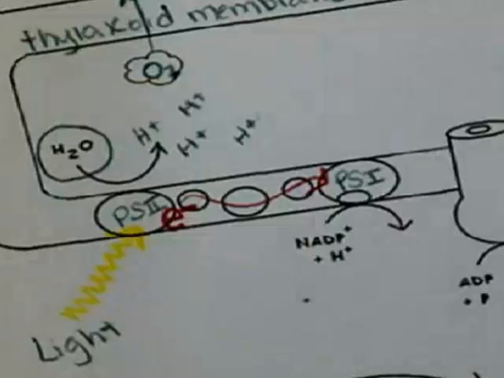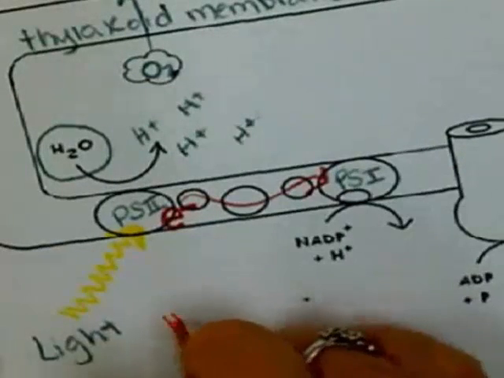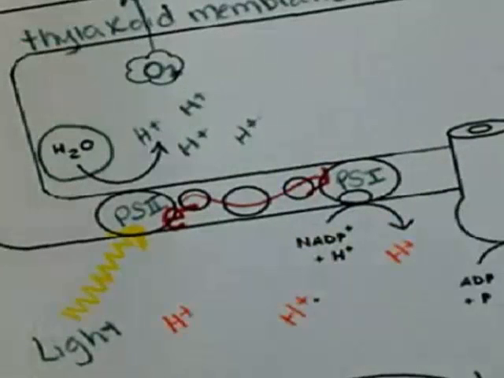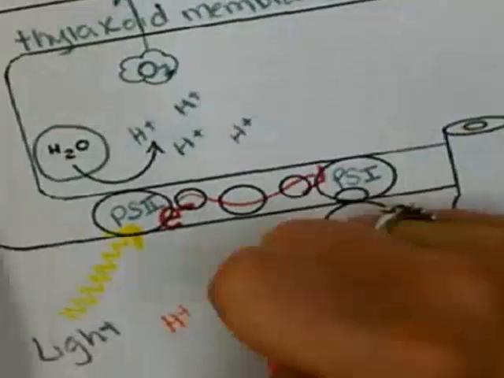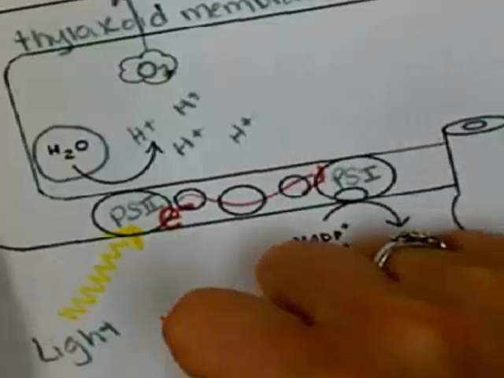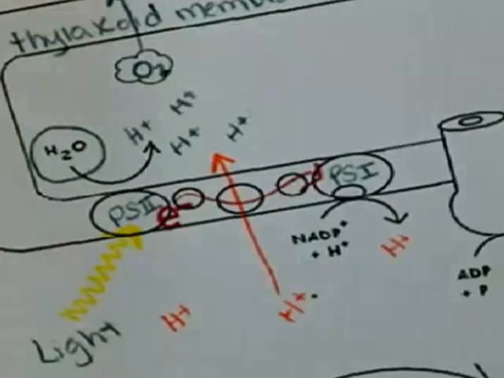In order for us to transport electrons, what we do want to recognize is that even though we have tons of hydrogen ions here, we still have some hydrogen ions outside of our thylakoid. And what we want to do is actively transport as many hydrogens as we can into the thylakoid space. And so transporting these electrons, we take some energy from that electron in order to transport those hydrogen ions into the thylakoid space.